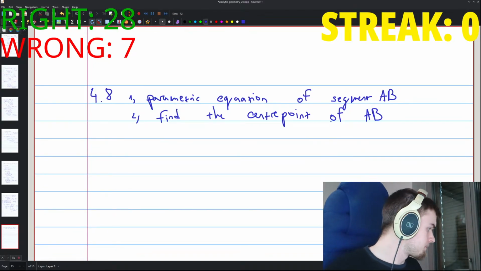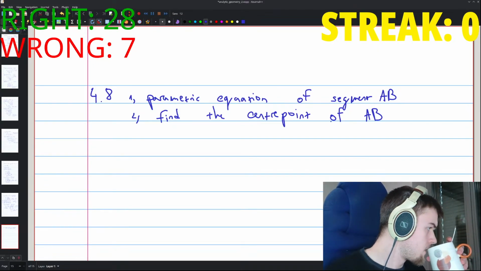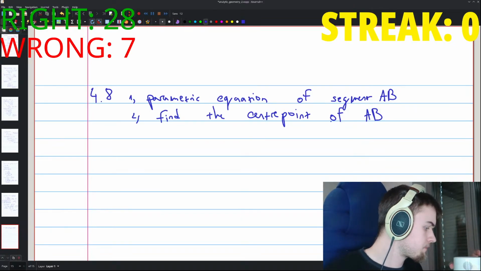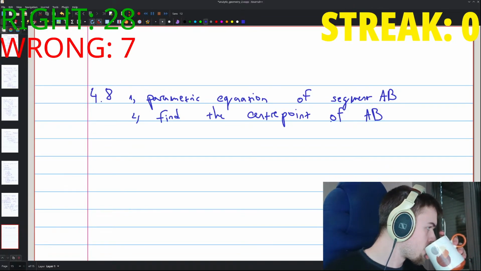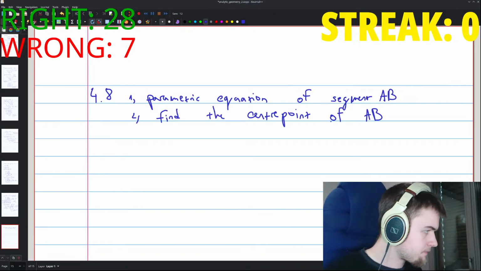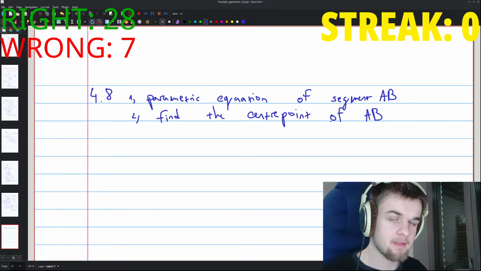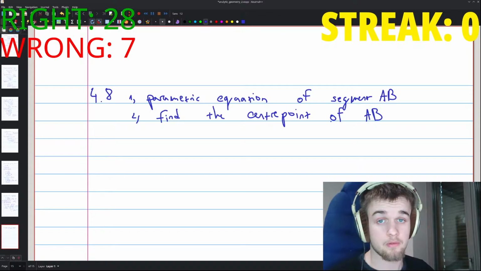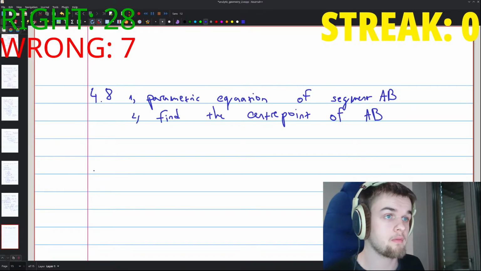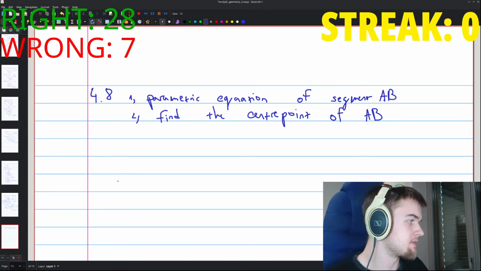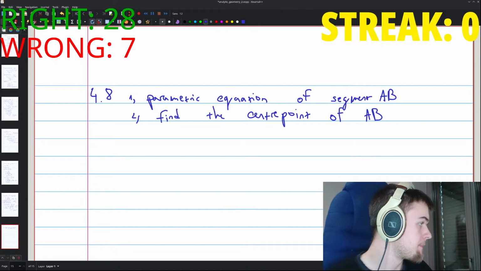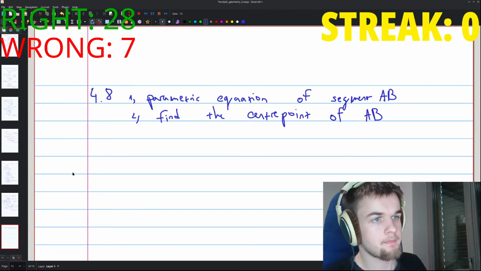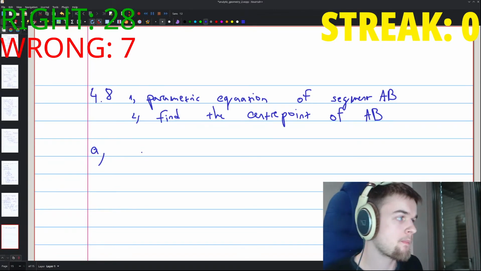Okay. Well, I don't know how to do a parametric equation of a segment, but I do know how to make a parametric equation of a line. So I guess I'll start with that and hopefully it'll be fine.